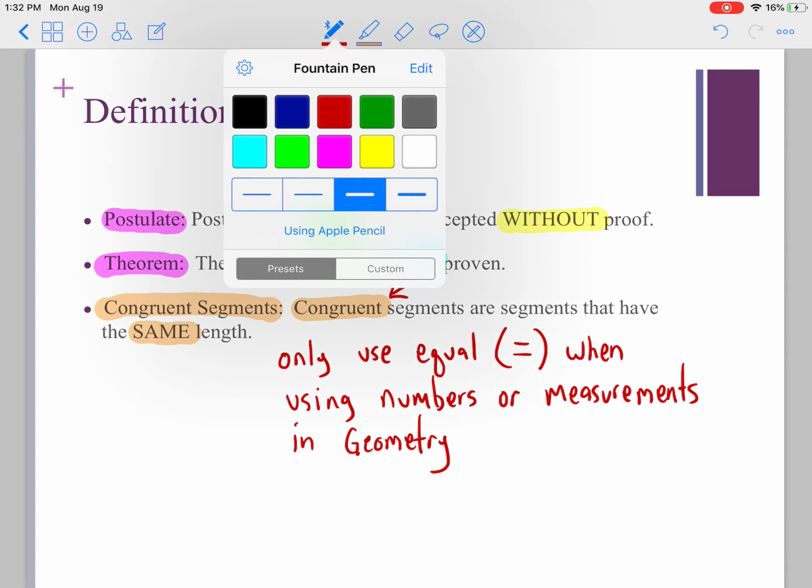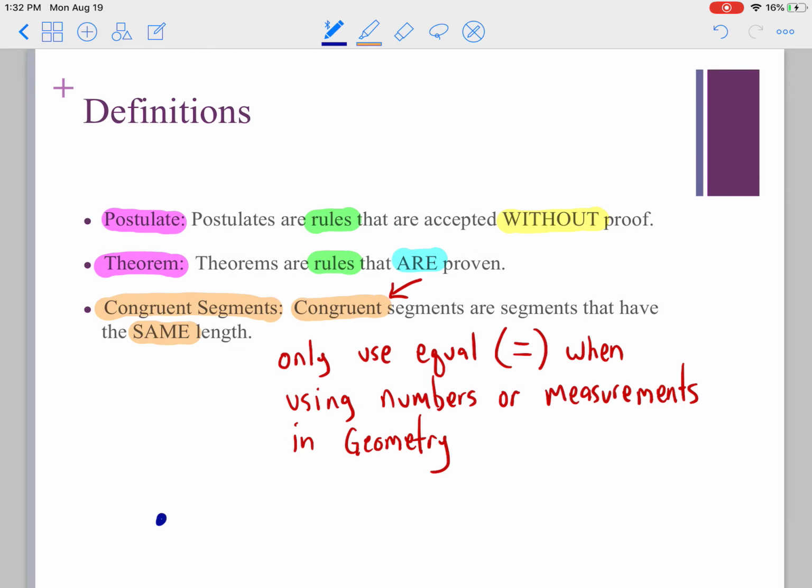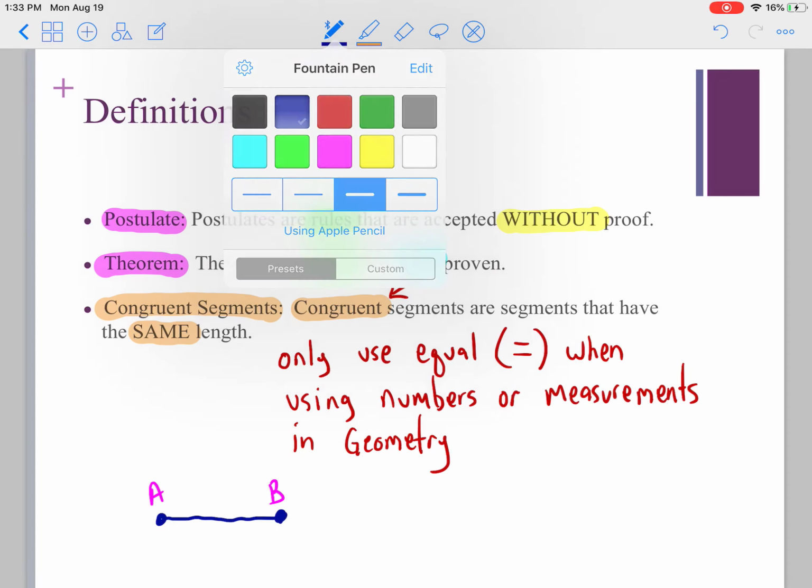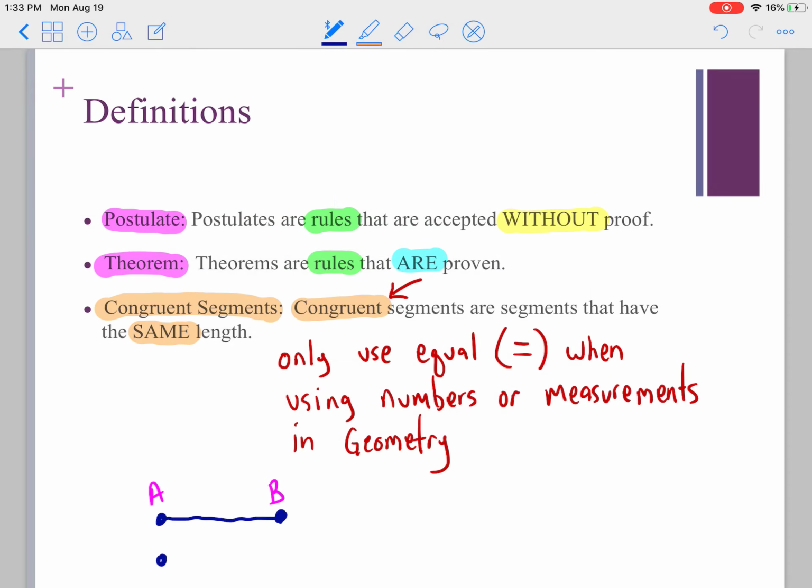So for example, if I were to draw two segments, and we'll say from A to B, remember segments have endpoints, so A to B, and I'm going to attempt to make these similar, the same distance. We'll call this segment XY, and I'm going to give you the information that segment AB is congruent or the same length to XY.